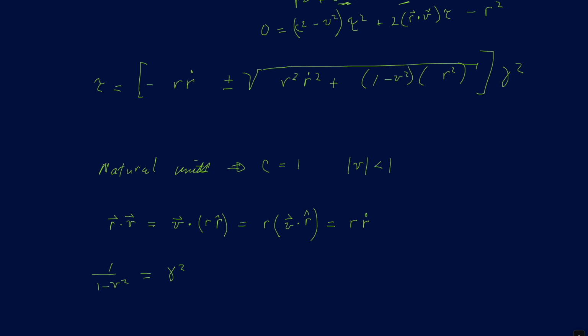Okay, now let's think about which sign is correct. Let's pay attention to some signs here. Remember, tau must always be positive. It has to be greater than 0 because detection must always follow emission. We can never have a situation where detection comes before emission. So we know very well that tau must be positive.